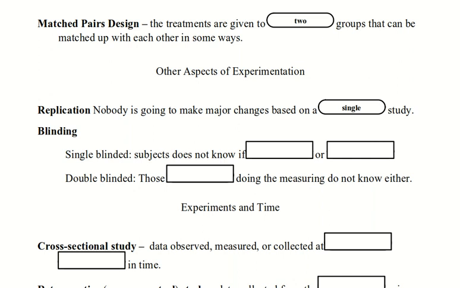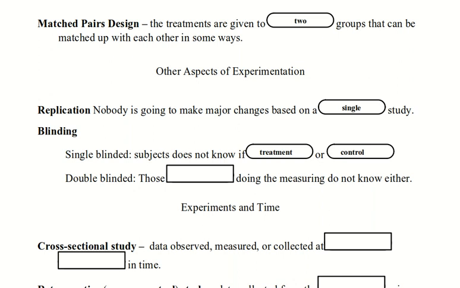So single-blinded means that the subject does not know if they are in the treatment group or in the control group. So what that basically means is they don't know whether they're getting the placebo or the real pill.